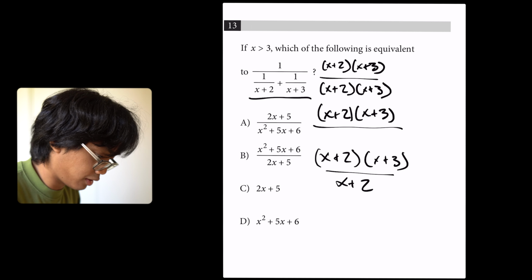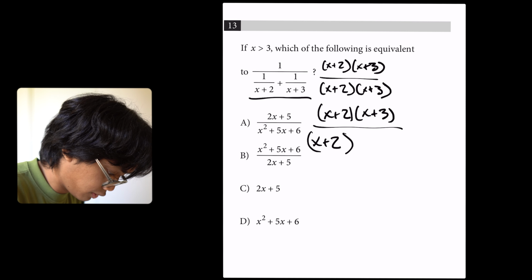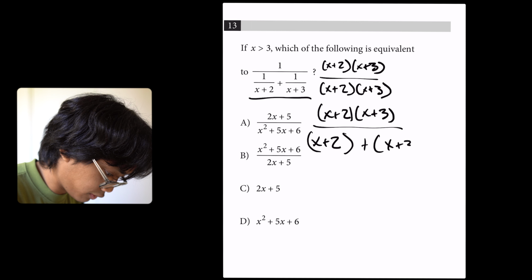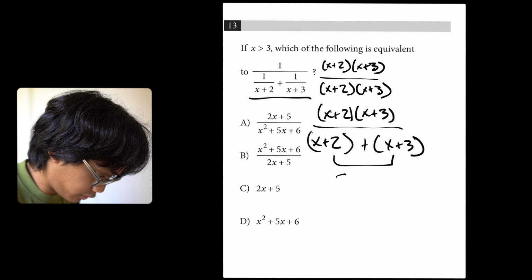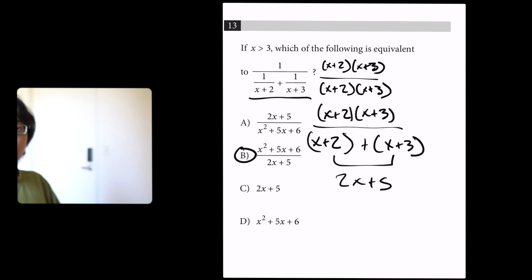The same applies to the other side. So we will get x plus 2 plus x plus 3, which is equal to 2x plus 5.